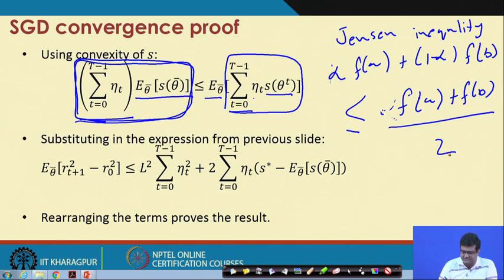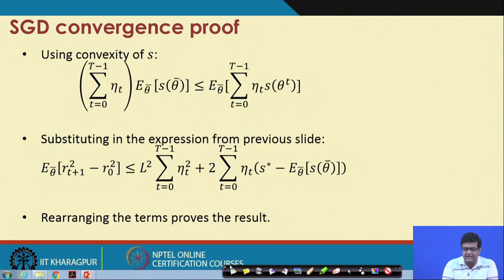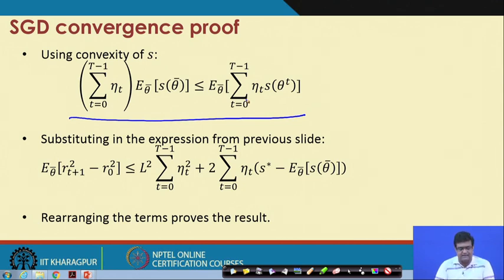Sorry, so this is not correct. The convex combination of a function is always less than the function of the convex combination.